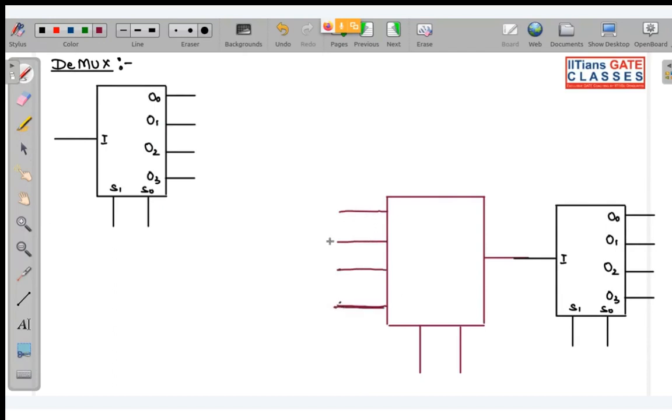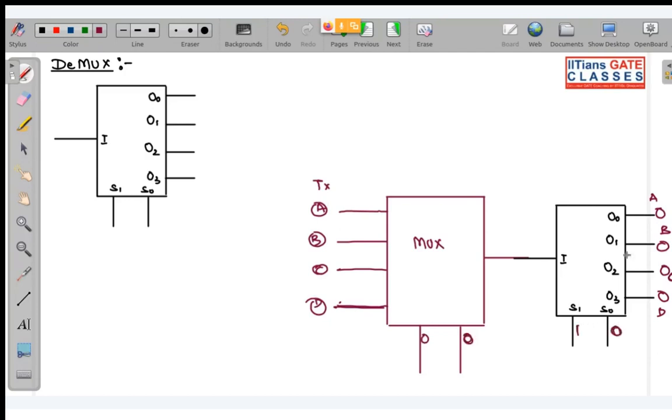So we had 4 transmitters over here and 4 receivers. Now with the help of this mux and demux, suppose I want to transmit from this transmitter A to receiver C. So this is receiver A, B, C, D, and this is transmitter A, B, C, D. I want to transmit from A to C. So what I will be doing is simply putting 0, 0 over here and 1, 0 over here.